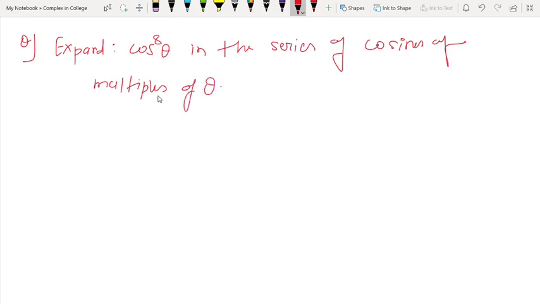It means basically you need to expand cos raised to 8 theta in terms of cosines only. Cosine trigonometry के terms में ही इसको expand करना है. Okay, with the concepts we have gone through now, let me take the last result directly.